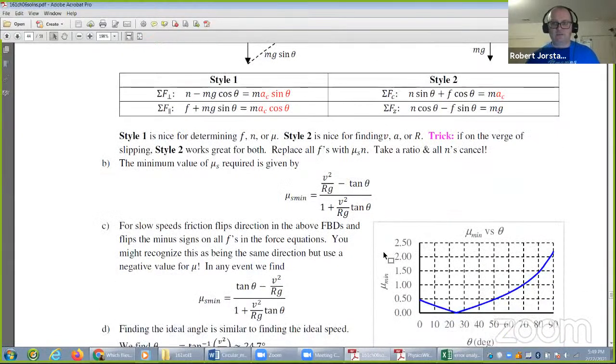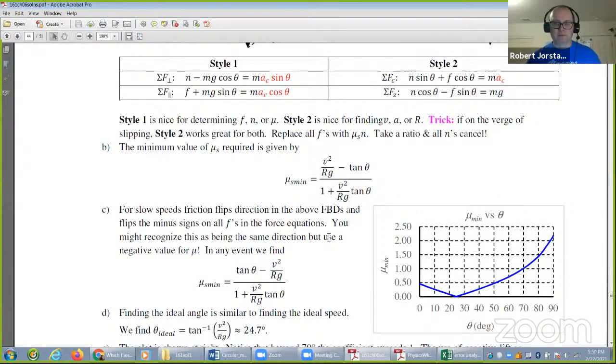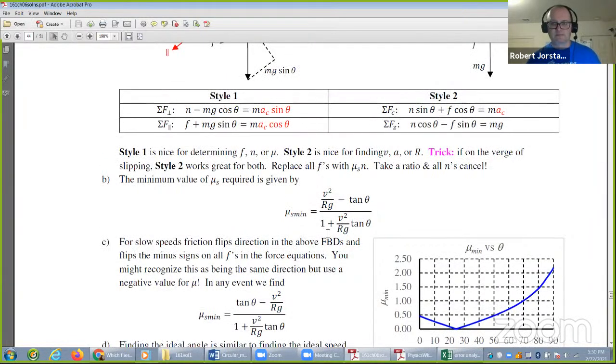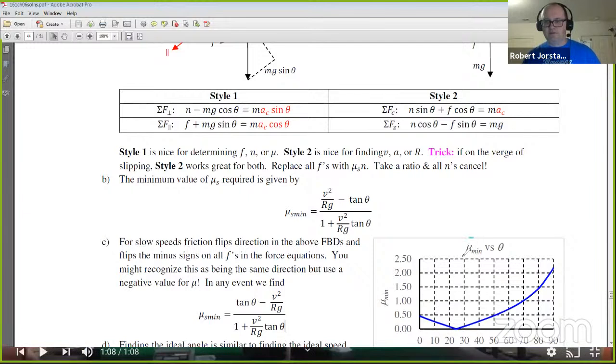All right, so look at this. So you get this, notice if you go for slow speeds, friction flips directions. Look what happens to the equation. You still have the tangent thetas in there, but it looks like the minus sign gets flipped. And I don't know if you could tell here, the minimum value of mu versus the angle of the curve takes on this unusual shape.